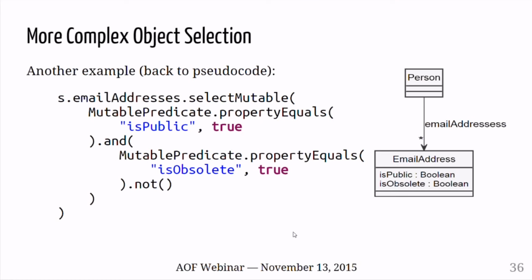Of course, here, because we use the property equals, instead of using not, we could simply have done isObsolete false instead of true here. But of course, to show you this possibility, I prefer to do it that way.